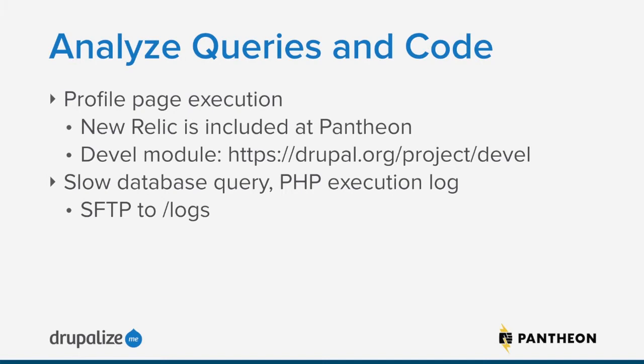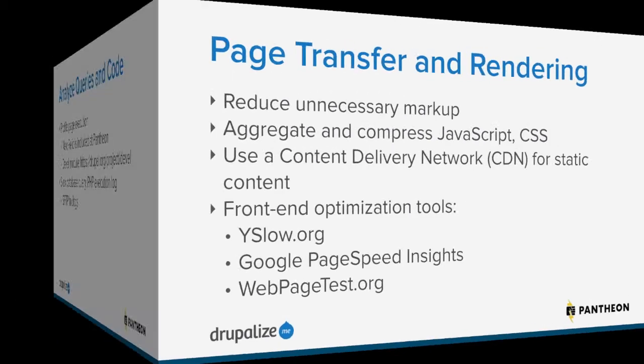And then also, every site stores a slow database query and a slow PHP execution log. So you can get into your Pantheon environment via SFTP and look at the logs directory where those logs are stored. And that can help you track down where those slow database queries are, what they are, and then you can track back and correct them.